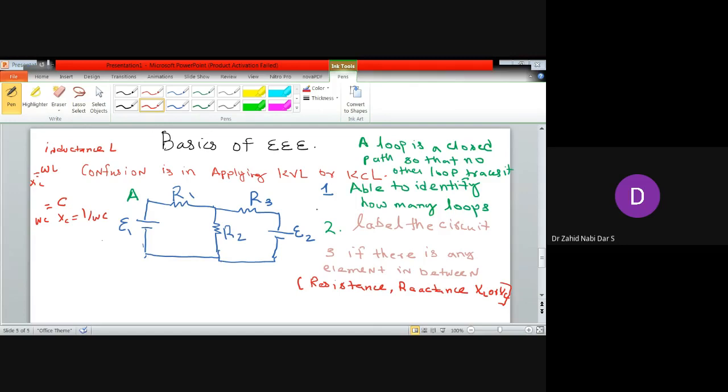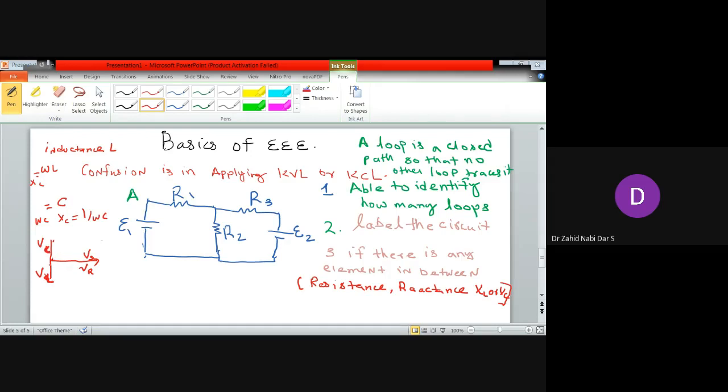Because if you look at the phasor diagram, your voltage is always in phase with the resistance. Supply voltage would be equal to the voltage of the resistance. But the capacitance and inductance would be like this: VL is like this and VC is like this.